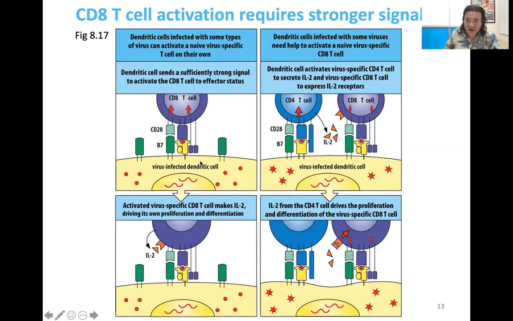So certain types of viruses that have been with us through evolutionary history time and again have shown that if CD8 cells activate against these infected dendritic cells, that's fine, because that's the best way to not waste time and just start looking for other infected cells, right? So certain types of virus peptides will activate CD8 cells by themselves. Okay. All right, so that's it for today.